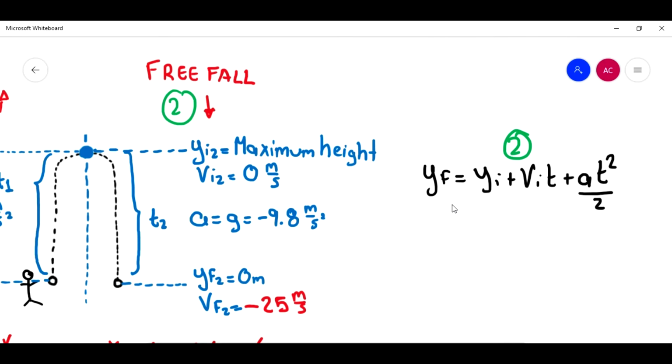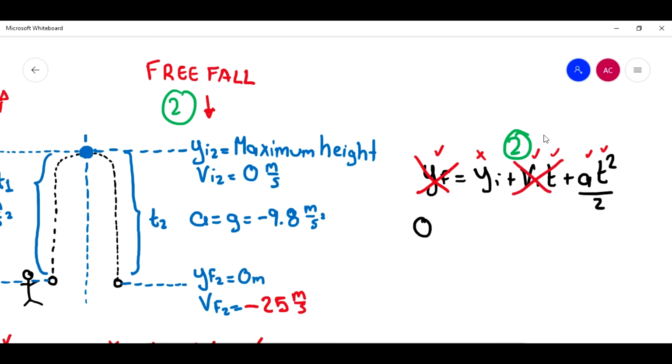Okay, so final position, I have it. This one I don't. I'm going to cancel everything that is 0. So this one is 0 and the initial velocity is 0. So initial velocity multiplied by something is going to be 0. So I cancel that.